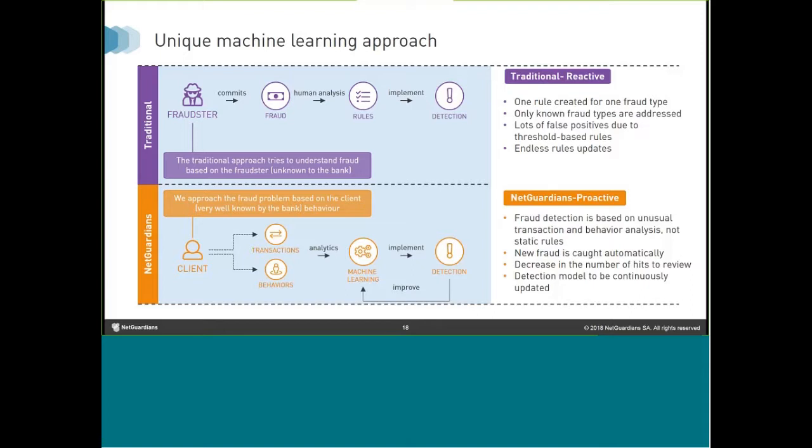The proactive way is the Net Guardian's way, where we are doing machine learning, detecting a fraud, bringing it back into the model, making the model better, and understanding who the customer is. Any transaction that comes in is compared against that particular customer and all their transaction profile. If there's anything out of the ordinary, it is raised as a concern so that somebody can look at it.